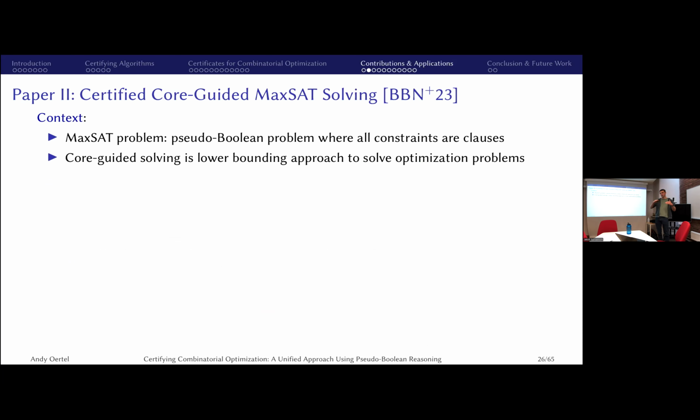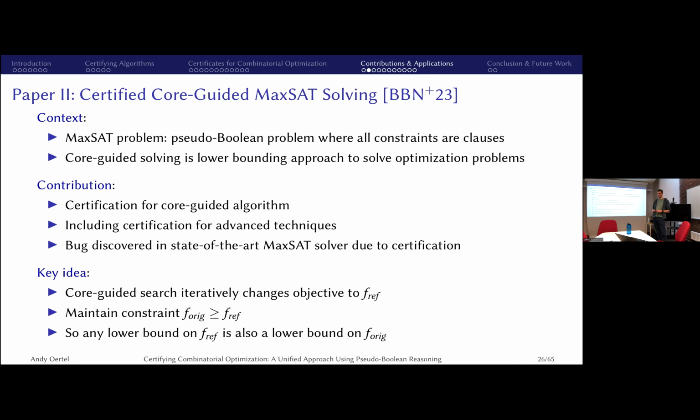We are improving our lower bound more and more until we get to our optimal solution, or optimal value. In this paper, we provided certification for a state-of-the-art core-guided algorithm and applied this to MaxSAT. We also provided certification for state-of-the-art preprocessing and additional techniques that are used in core-guided solvers.